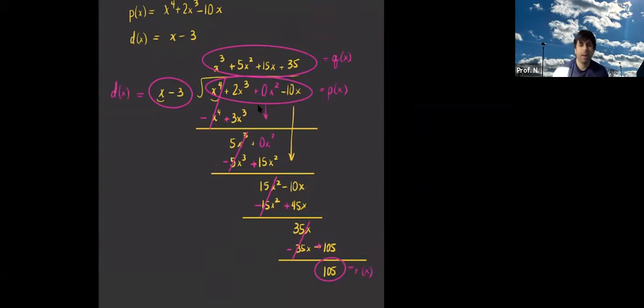So I've repeated polynomial long division to find a quotient and a remainder. So is this clear to everybody here? Okay.